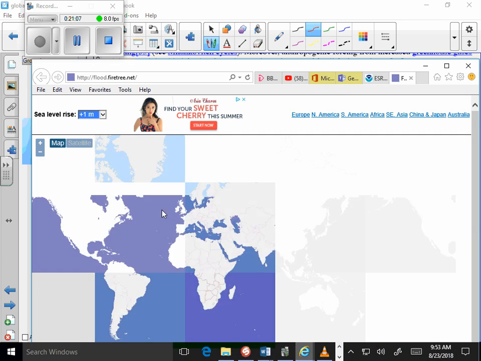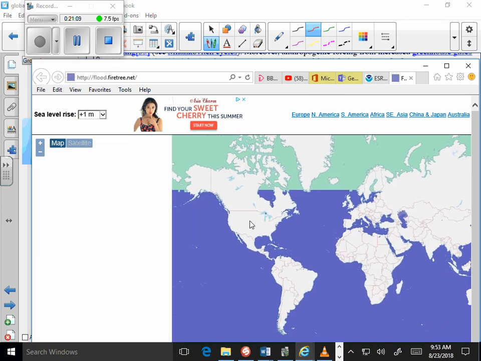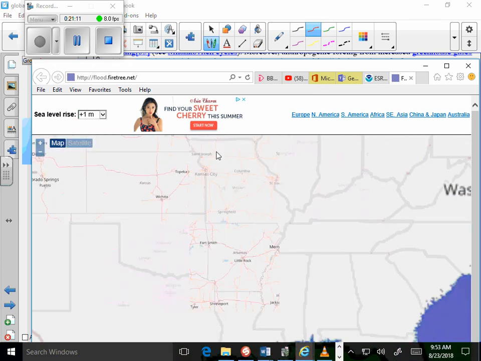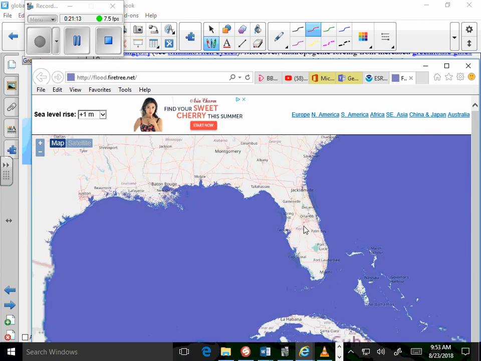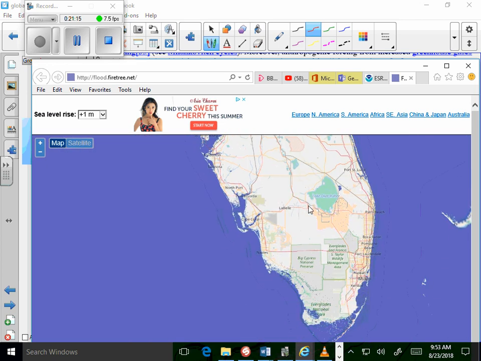And let's go back to the United States and take a look at what happens there. There are problems in Florida right now because of rising water levels, in particular around Miami. See this water up here? This is the fresh water for Florida. Lake Okeechobee feeds the Everglades and usually drains out to the ocean.